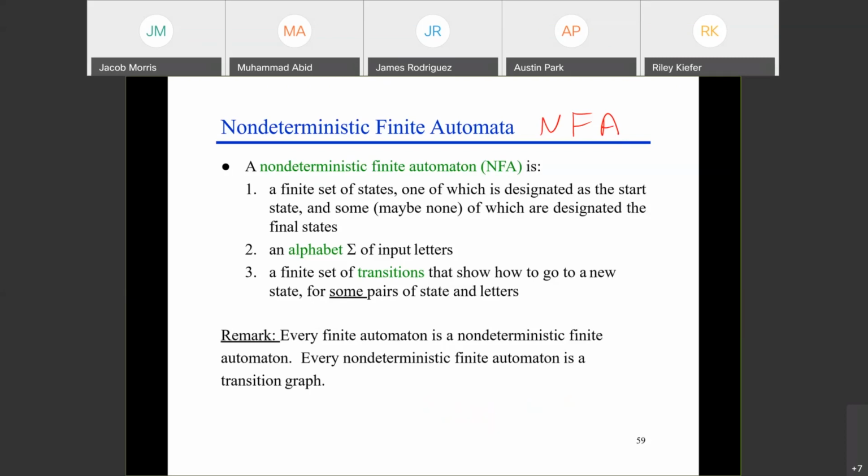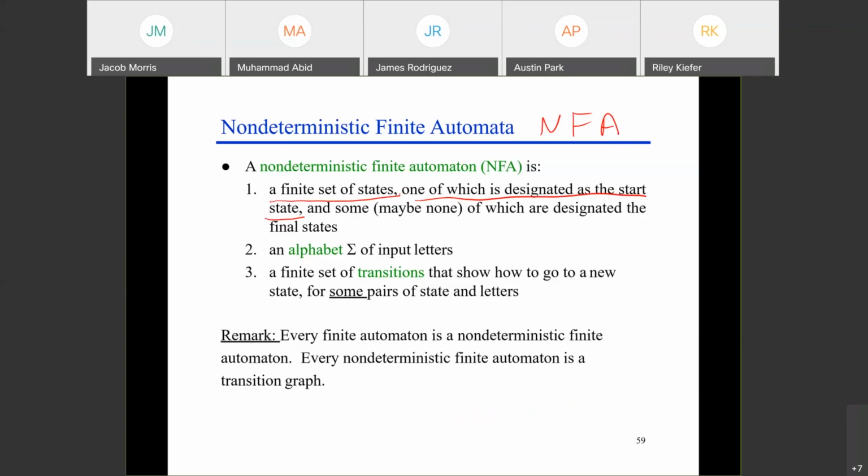Non-deterministic FA has a finite set of states. We have this also before. One of which is designated as the start state. FA also has only one start state, NFA also has only one start state. So this is exactly how your FA is.